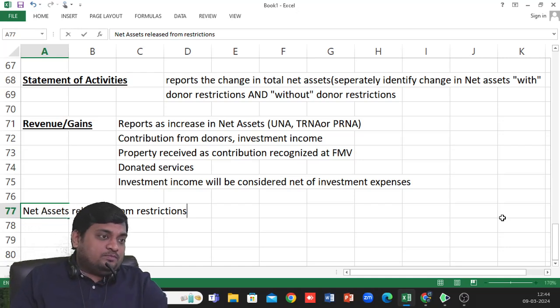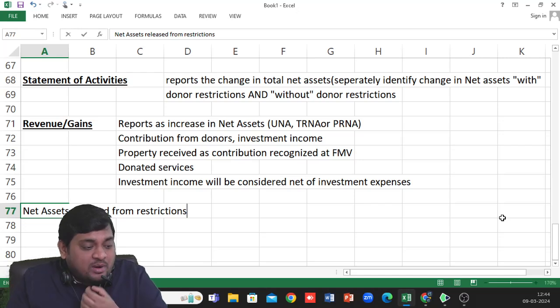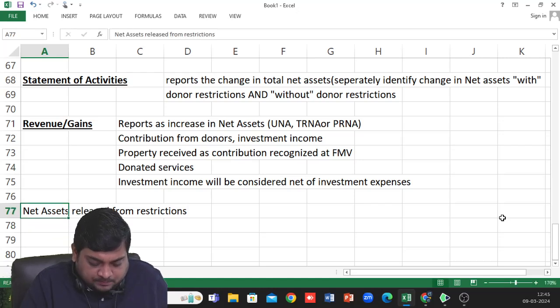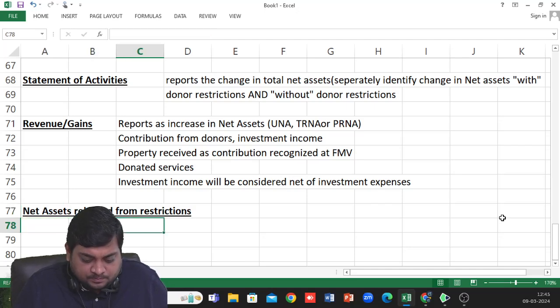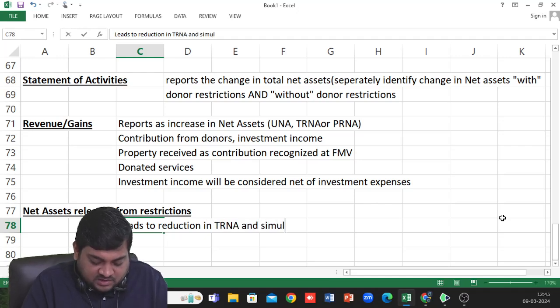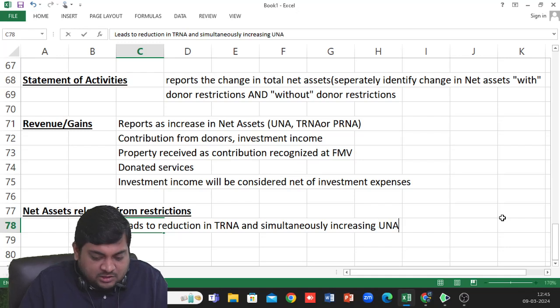So here you need to show that this leads to reduction in TRNA and simultaneously increasing UNA.